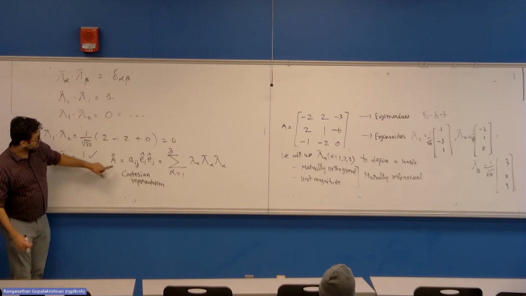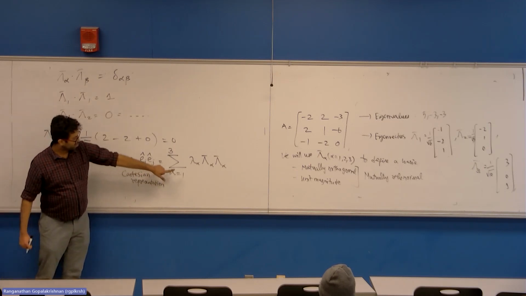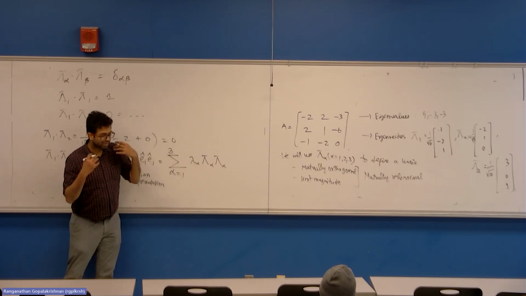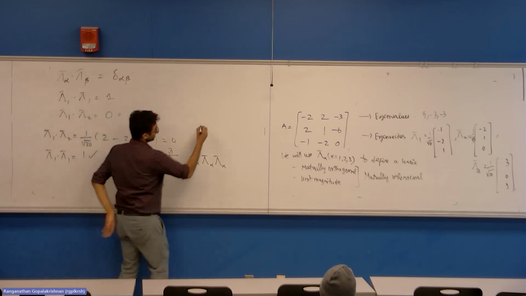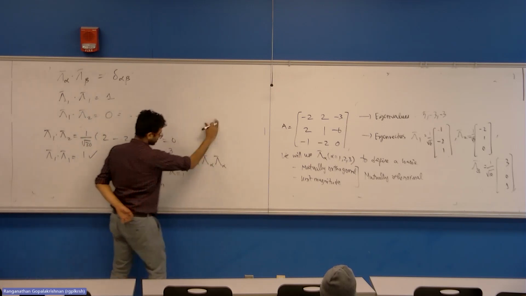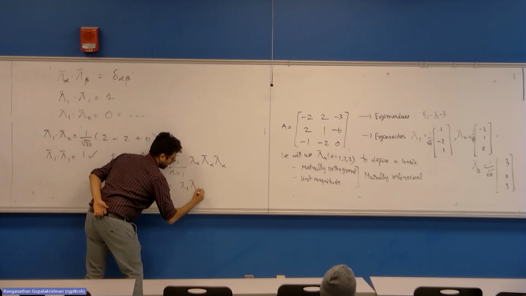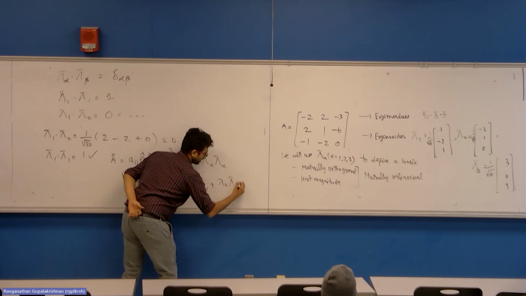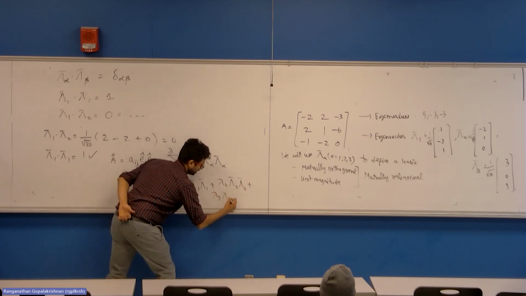I am representing the tensor in terms of the eigenvectors as the basis vectors. If I expand this, I'm going to write lambda 1 gamma 1 gamma 1 plus lambda 2 gamma 2 gamma 2 plus lambda 3 gamma 3 gamma 3.